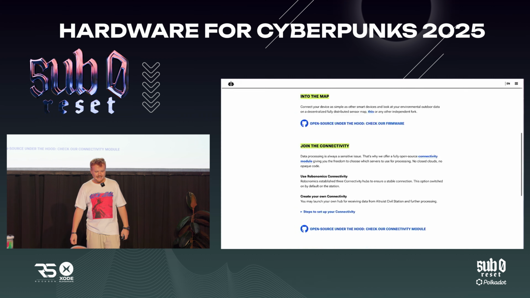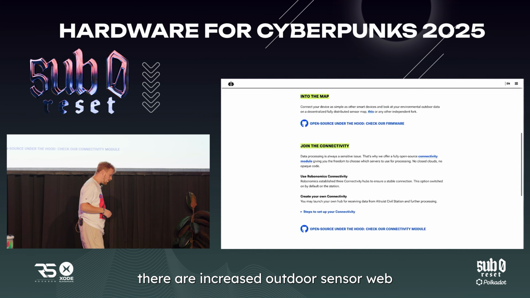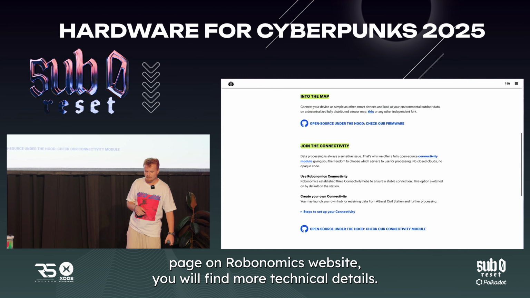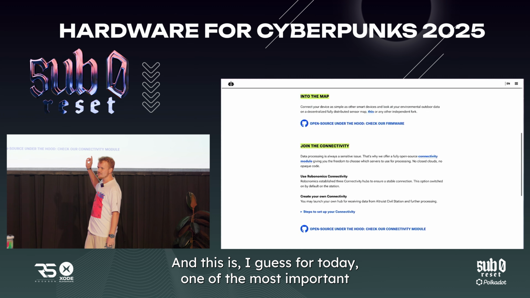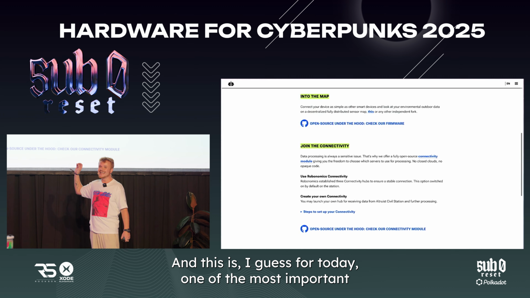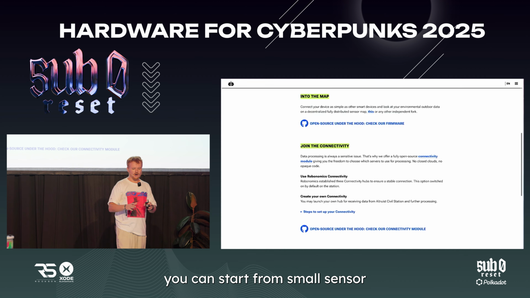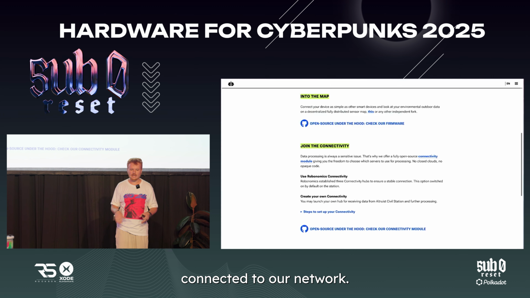If you swipe to the altruist outdoor sensor web page on the Robonomics website, you will find more technical details. And this is, I guess, one of the most important things for today. You can start from a small sensor connected to our network.